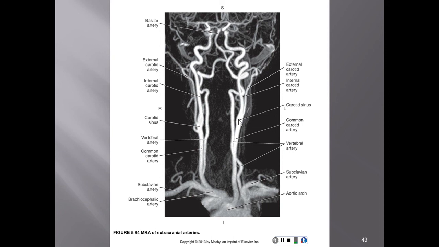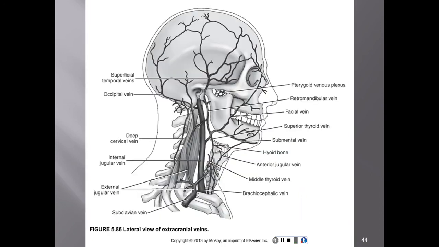But if you rotate this on an inferior-superior axis, you'll be able to see the bifurcation much better than this. And you can also see the vertebral arteries coming off of the subclavians. Subclavian arteries. Very nice shot.